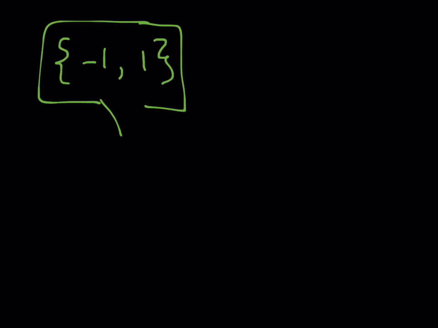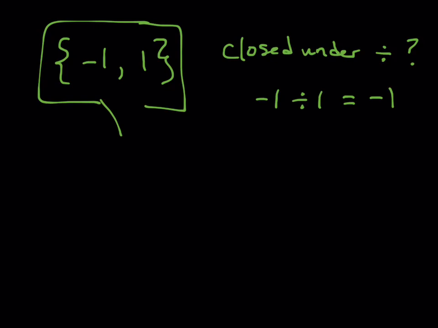Okay, let's try division. Closed under division? We'll see if that's the case. All right, so we could do -1 divided by 1, and that's -1. I could change the order around, so I could try 1 divided by -1, which is still -1.